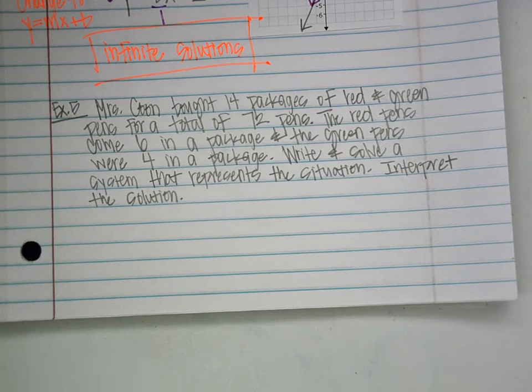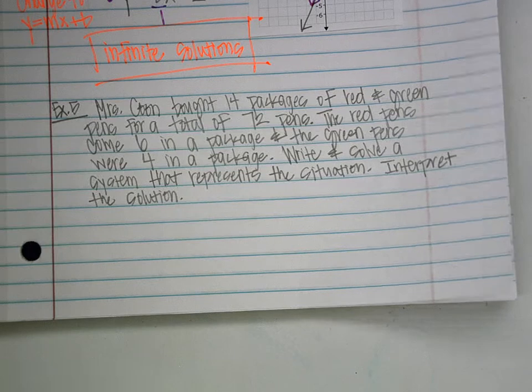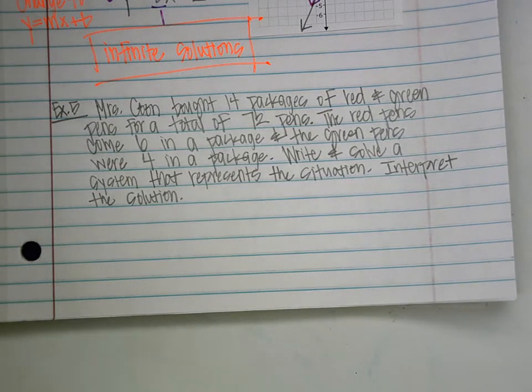Well, yeah, it does have something to do with X and Y. Not exactly. So we want to figure out how many red packages did I buy and how many green packages did I buy? How would you figure that out?